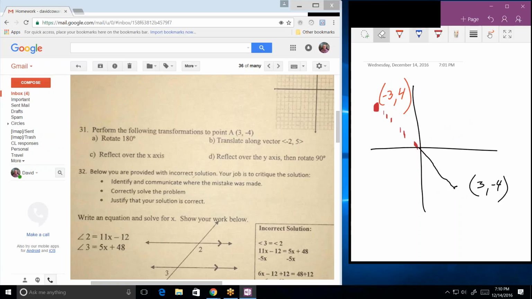Reflections over the axes are fairly straightforward also. If I reflect this over the x-axis, it's going to basically be that. What are the coordinates going to be on that?